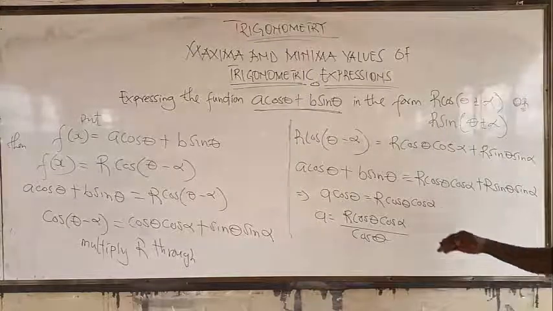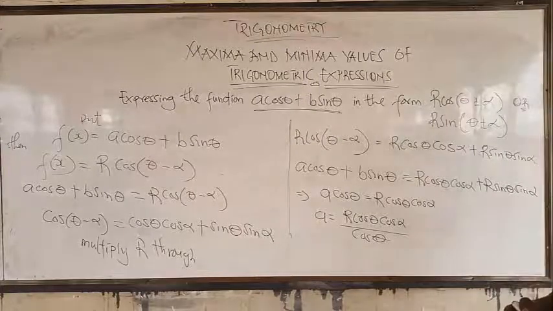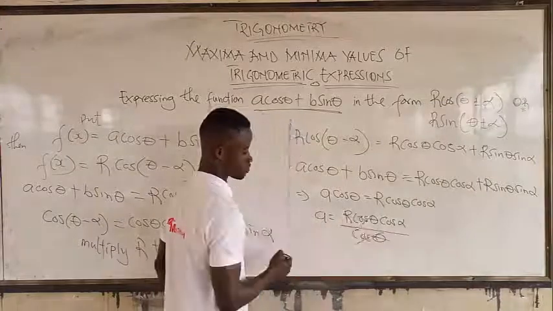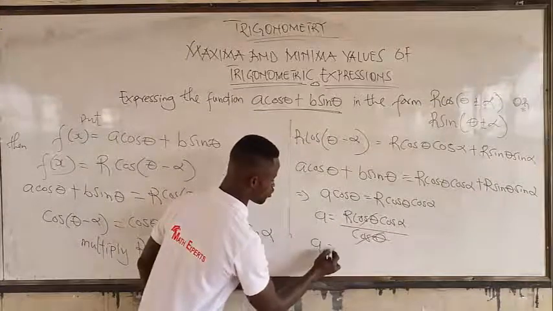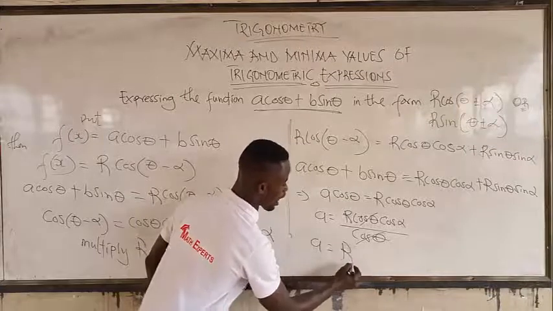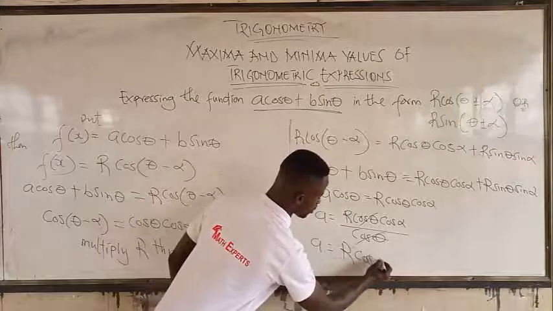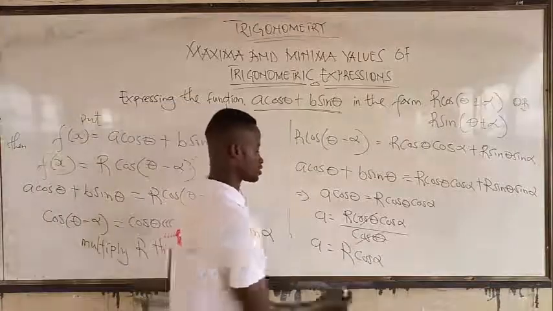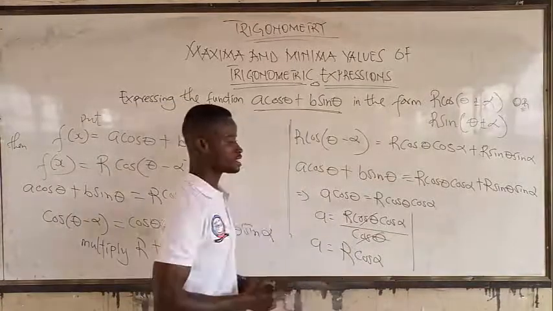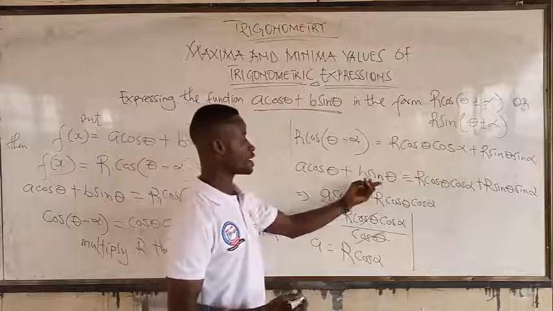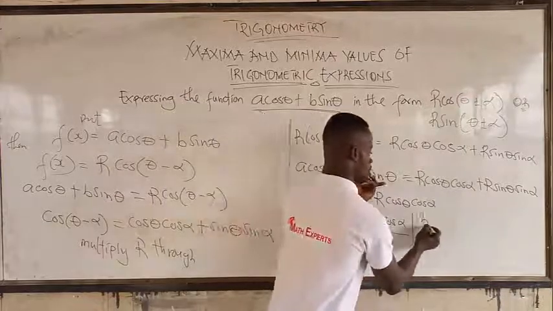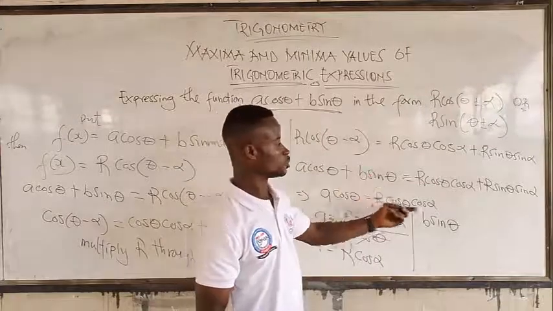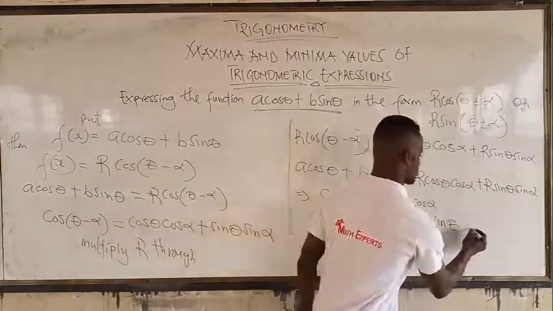So here, when you make a the subject, you are going to get this cancel this, and a will be equal to r cos alpha. Alright. In the same way, we can equate this b sin theta to be equal to what is here.